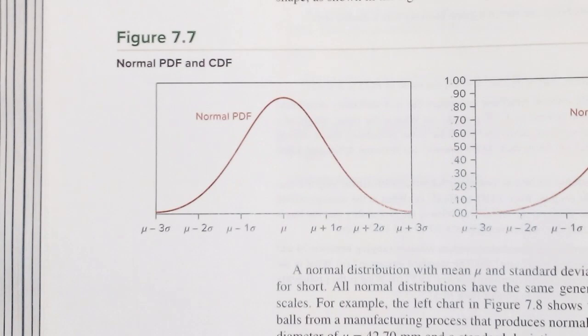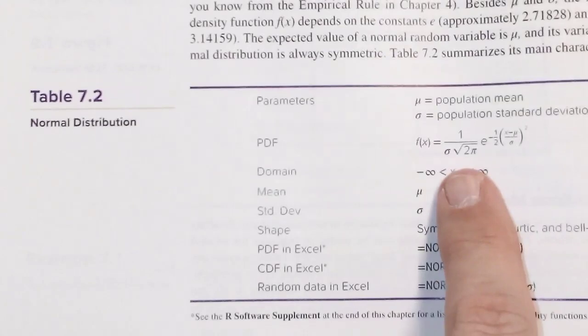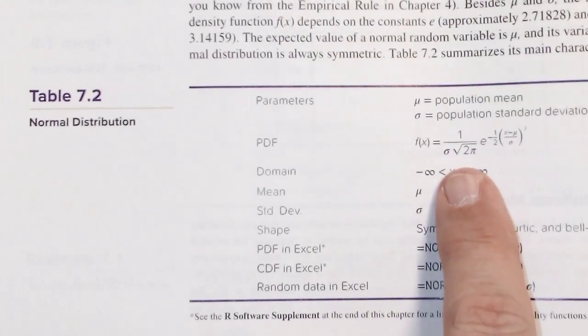What tells me about where this curve is and how wide it is versus how tall it is are the average and the standard deviation. So it turns out that in order to build a normal PDF, you need to know those numbers in advance. They're the parameters we use to define our PDF. Problem. The PDF itself has an absolutely disgusting formula.